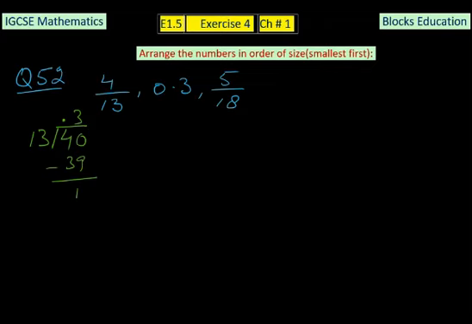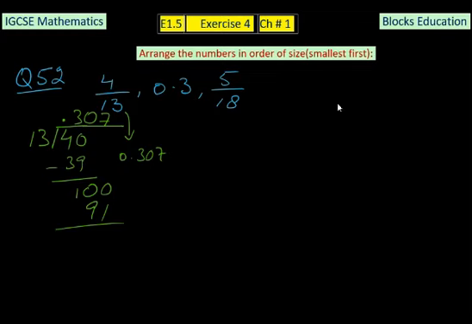Now you can add 0 to it, 10, but again this 10 is smaller than 13, so you need another 0. So add another 0 here this time, because this decimal only allows you to add one 0. Now you can add one more 0 here, so it's 100. And now 13 sevens are 91, which is the closest one, right? So 4 over 13 is 0.307. So clearly 4 over 13 is greater than 0.3.